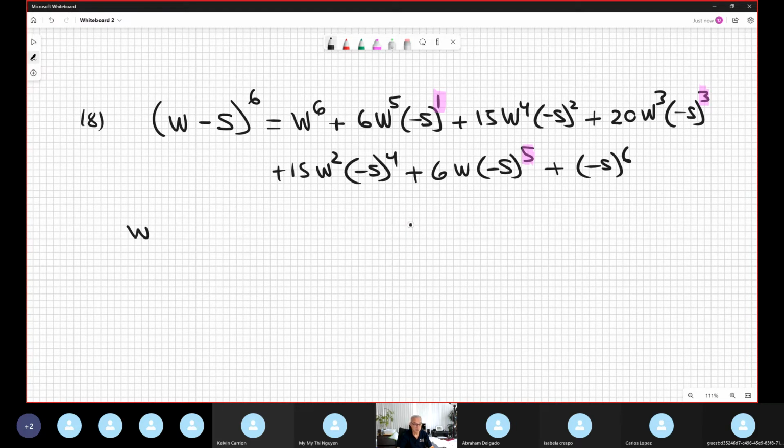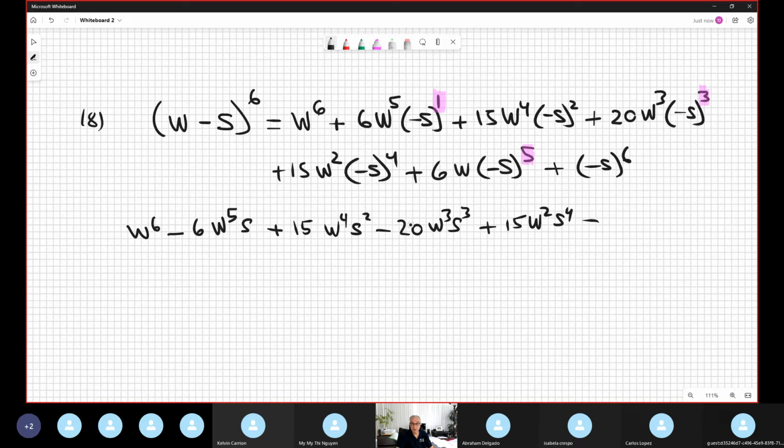So the final answer is W6 minus 6W5S plus 15, which is positive, W4S squared minus 20, this is negative, W3S to the 3rd power plus 15 W2S to the 4th power minus, because the 5th power, 6WS to the 5th power plus S to the 6th power. Final answer. Any question?